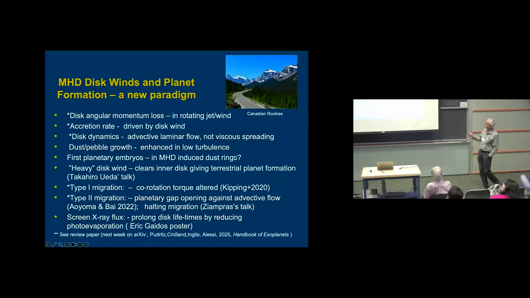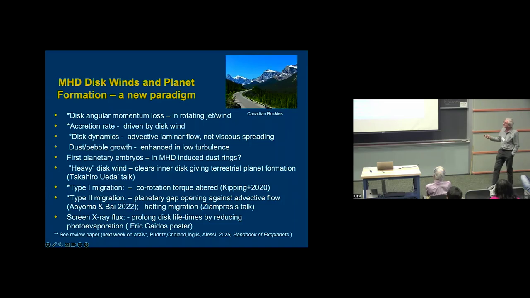This is solid physics. Accretion rates are driven by the disk wind because they're carrying off disk angular momentum. Therefore, the disk does not spread as in a viscous model, but it contracts to an effective flow. Disks are therefore higher column density than you might expect in a viscous model because you're pushing stuff in. That means that you could have this quieter disk means you've got low turbulence, the dust pebble growth is encouraged.